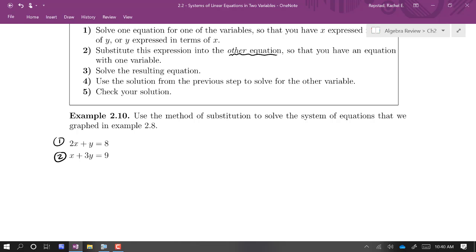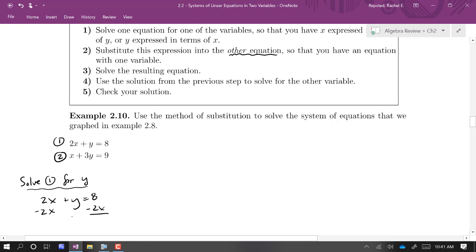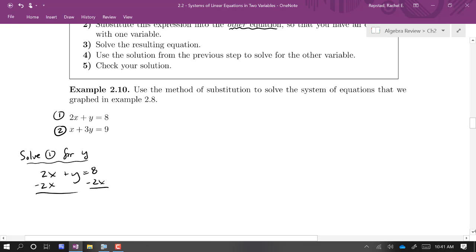So I think I'll solve equation 1 for y. So 2x plus y equals 8. If I subtract 2x from both sides, I get y equals negative 2x plus 8. If you wrote 8 minus 2x, that's perfectly fine. They're equivalent.